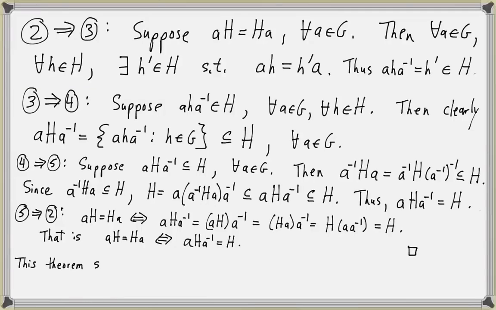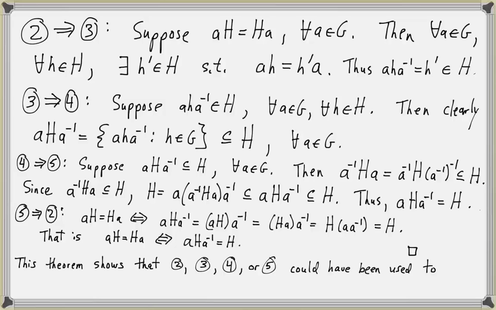So this theorem shows that statements 2, 3, 4, and 5 are all equivalent. So we see that statements 2, 3, 4, or 5 could have been used to define normal subgroups.